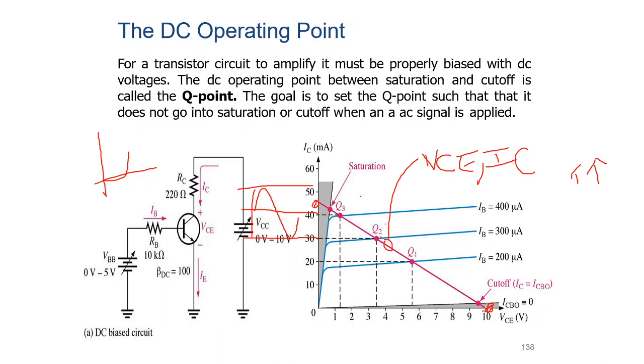Once calculated, we consider the midpoint. That will be the Q point. If we consider the midpoint, the center, only then can we have the amplification process faithfully. Otherwise, the signal is going to be distorted.